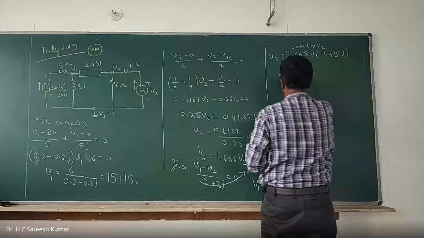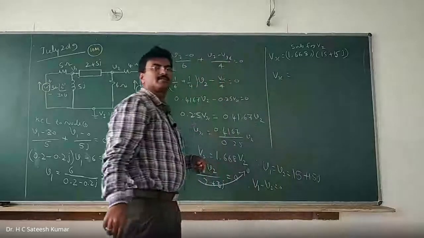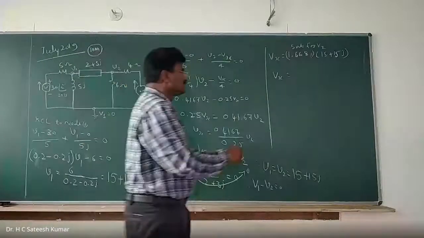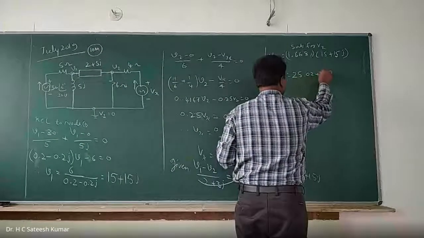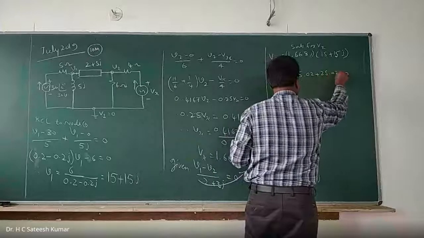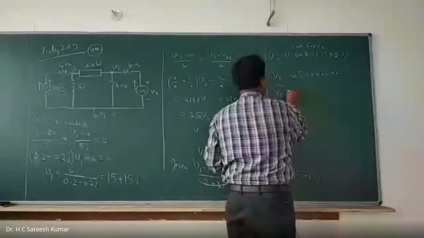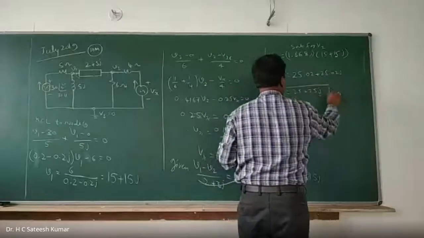How much is that Vx? It is 25.02, so approximately Vx is equal to 25 plus 25j. That is the required answer.